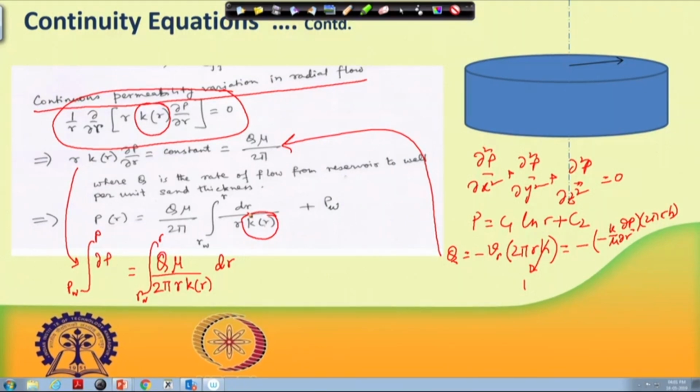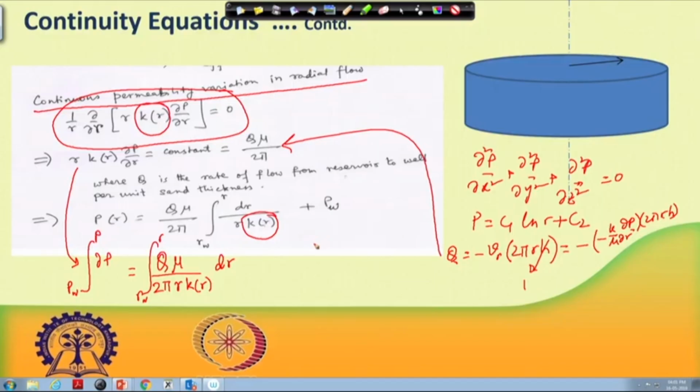In that case, because of this deposition, the permeability would be changing. Essentially, let us say this is a pore, and I have some particles that are traveling inside.